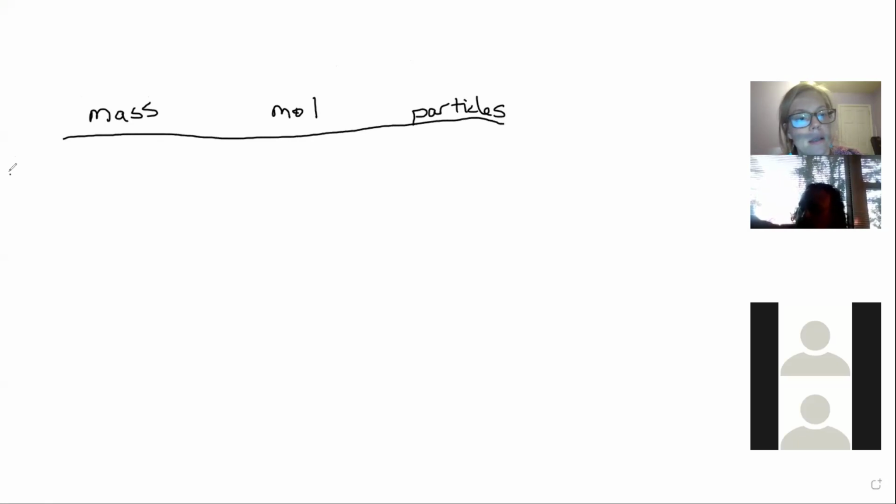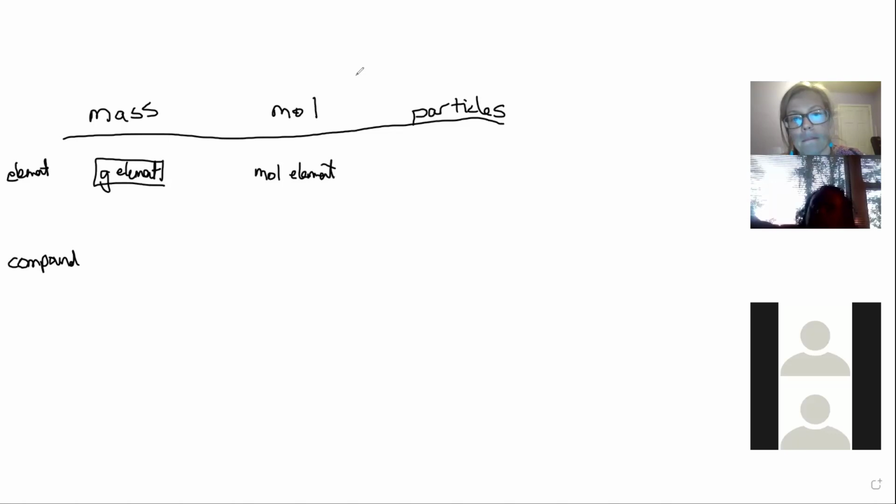All right, this is an element. This is a compound. So grams of a given element, moles of the element, and number of atoms.